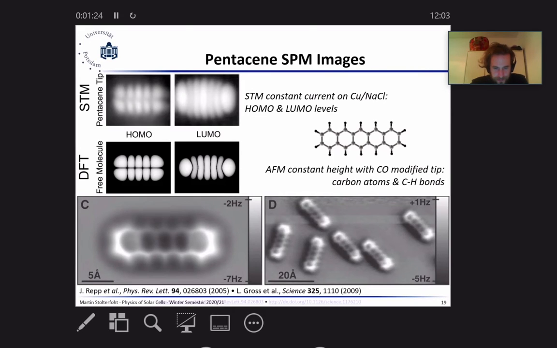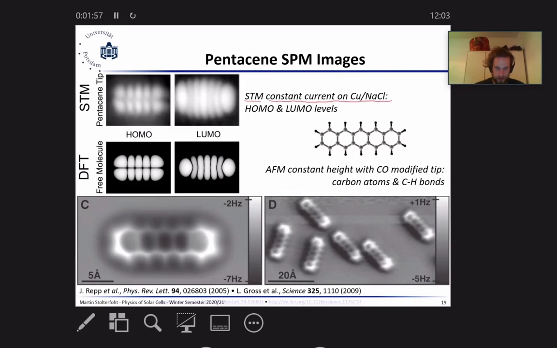So, interestingly, you can even measure directly these molecular orbitals, which is shown in this slide. You can measure it with a scanning tunneling microscope, an STM, which has a very high resolution, in a constant current mode.